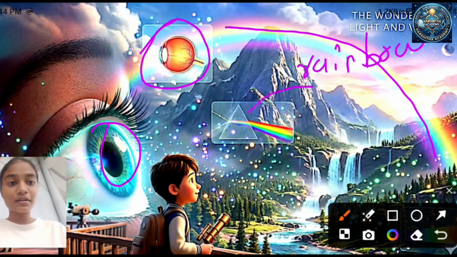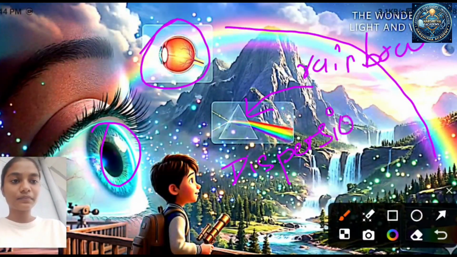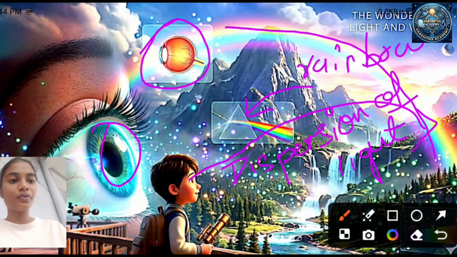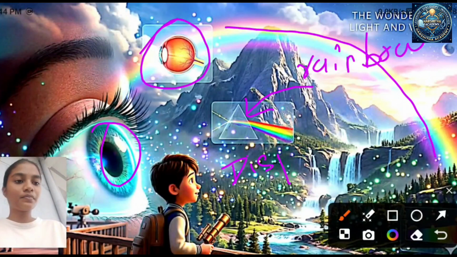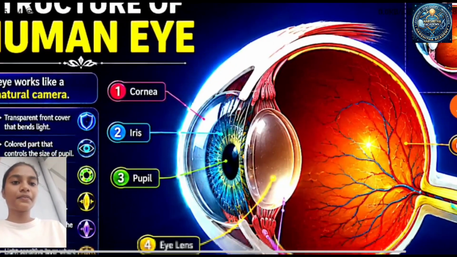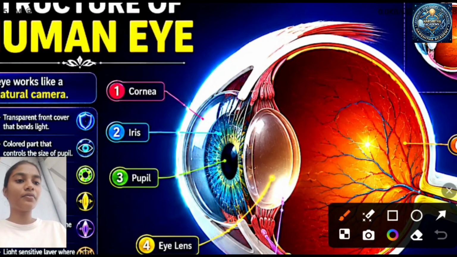It is caused by a phenomenon that we call dispersion of light. By this phenomenon only we can see these beautiful structures. Now let's go on to the next slide. Now let's learn about the structure of the human eye.